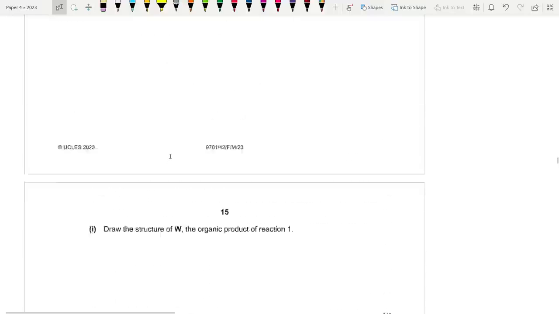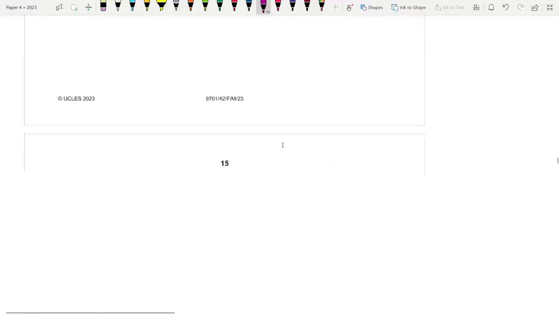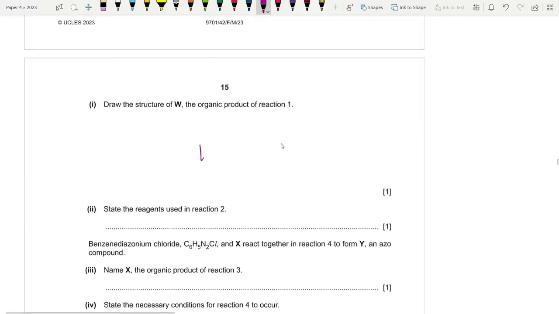So draw the structure of W. Basically, W is this: Br, Br, Br at positions 2,4,6. Okay. It occurs at room temperature. This is characteristic for aniline and phenol.